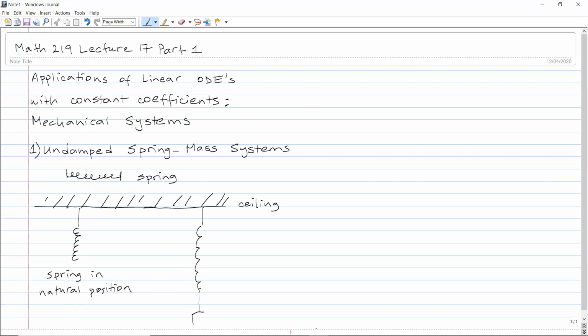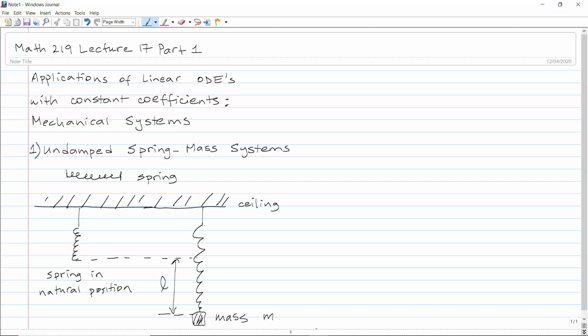At the end of it, we have mass M. So when you attach the mass, the spring is elongated by a certain amount. Let's call this L.